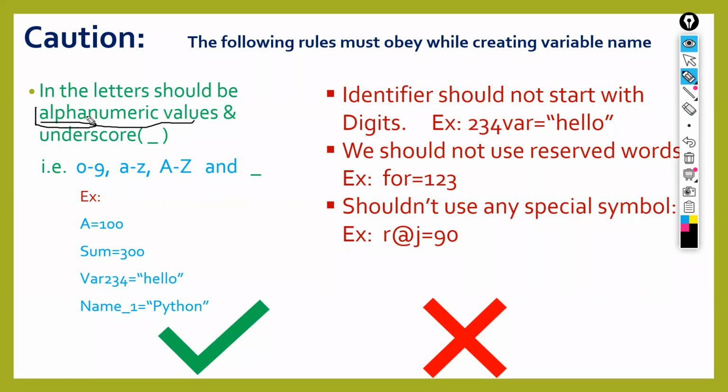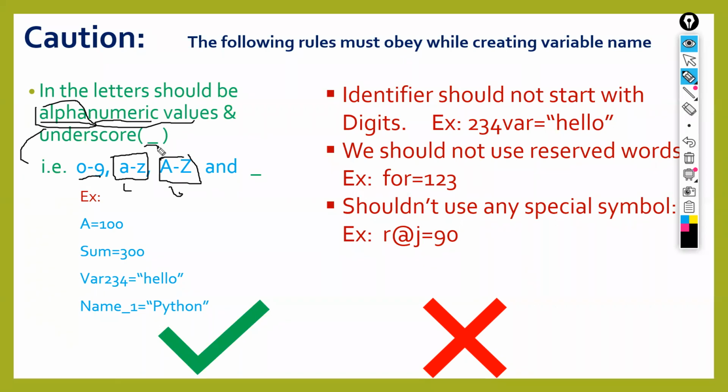Alpha means letters. You can see small a to z, capital A to Z. These are lowercase and these are uppercase. While we are giving a name to a value or creating an identifier, you must use A to Z, uppercase or lowercase, and numerical values. You can use 0 to 9. And there is a special symbol called underscore.